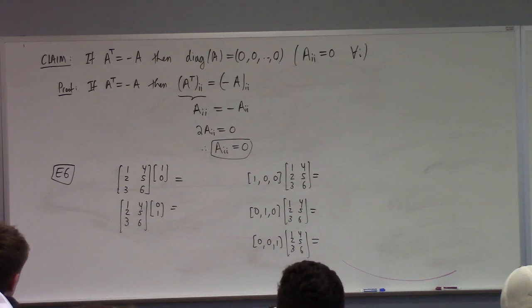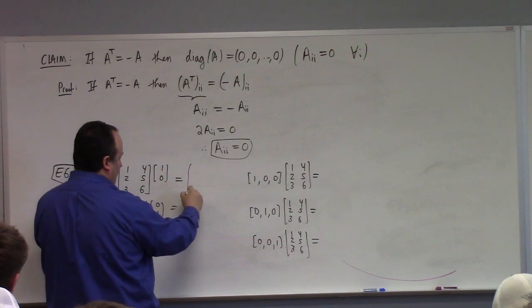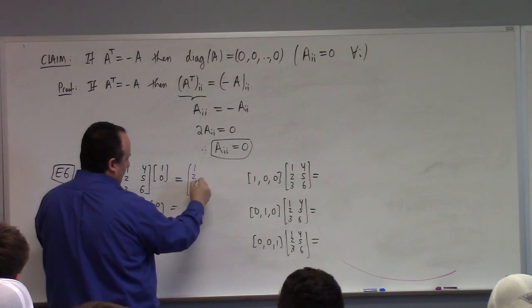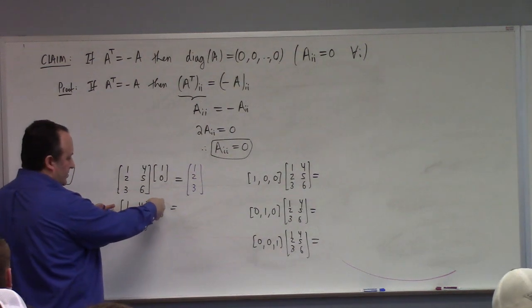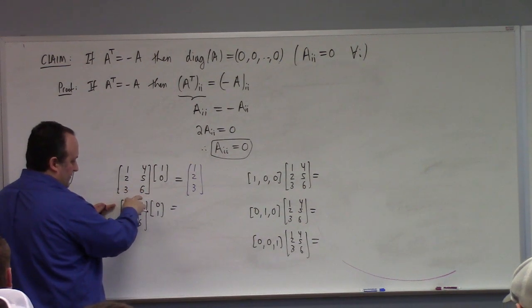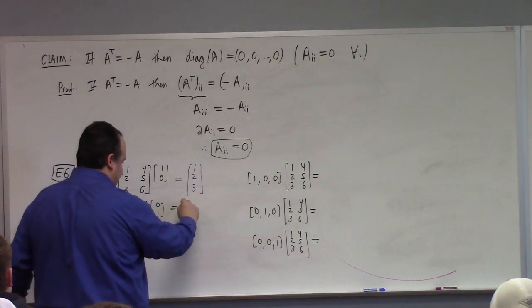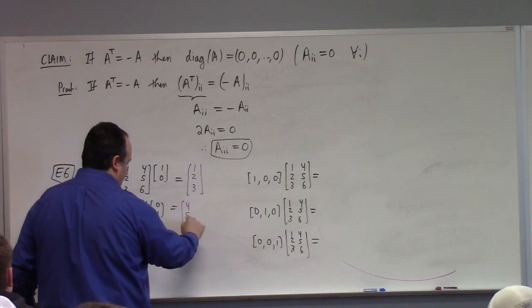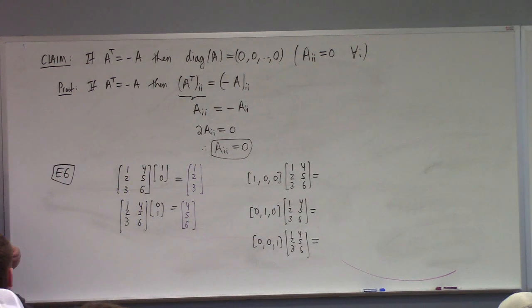When we multiply by 1, 0, we get 1, 2, 3. When I multiply by 0, 1, I get 0 plus 4, 0 plus 5, 0 plus 6, so I get 4, 5, 6. This is not an accident.